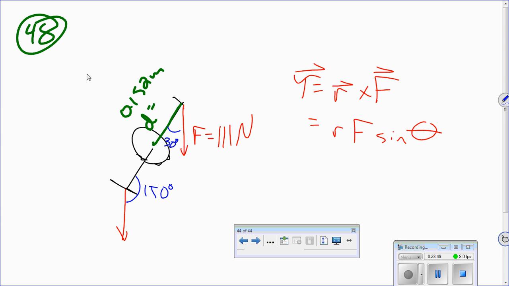Your ability to push down is more or less your weight. I guess technically you can push with a little more force than your weight if you're lifting yourself, but the force is fixed. That's just how strong you are. Here it's not producing torque, and over here it is. Make sense? Everybody good?